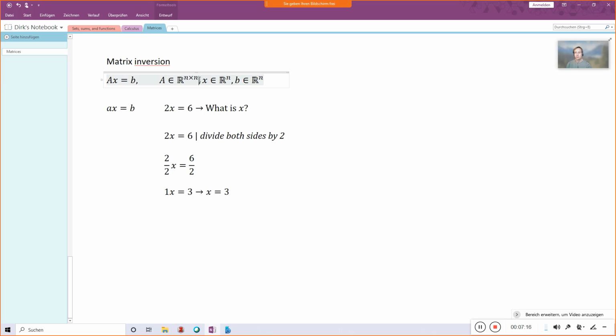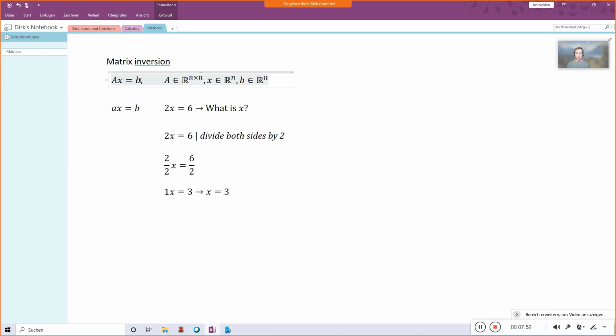And matrix inversion can be motivated exactly in the same way. So if you assume in such a matrix statement you know the entries of the n times n square matrix A, and you know the entries of b, and you want to know x, so you want to solve this system of linear equations, which is also what this is called, you want to solve this for x, you need to somehow apply this anti-operation of matrix multiplication.